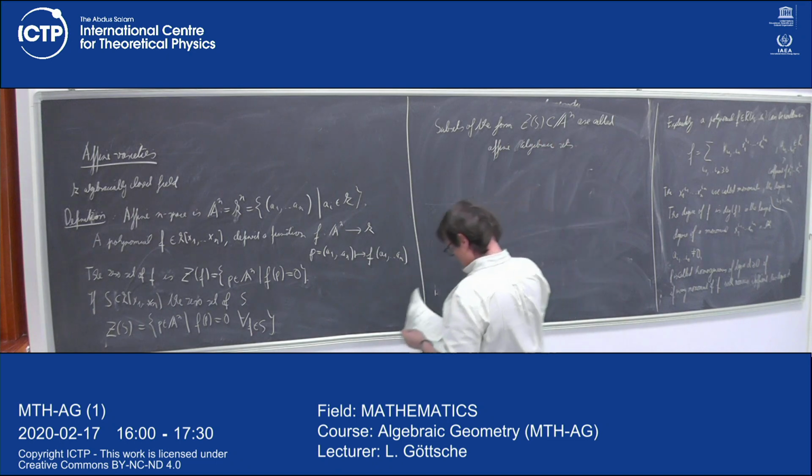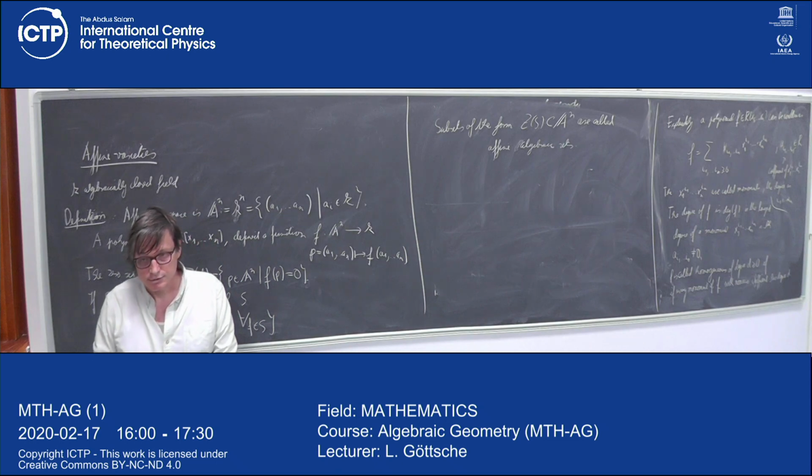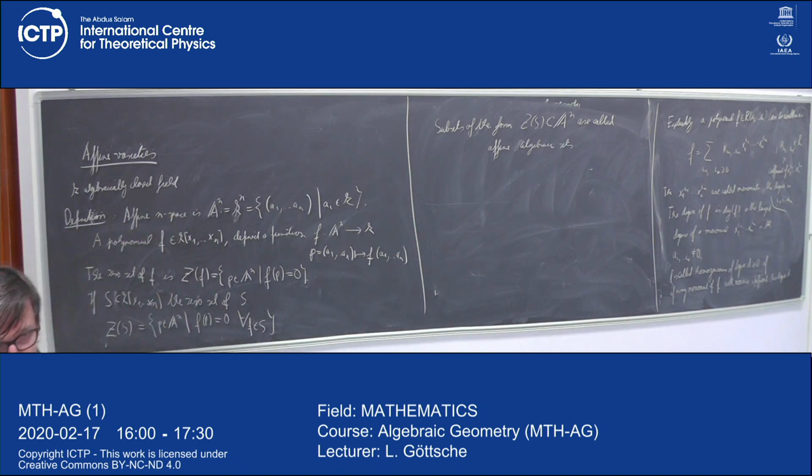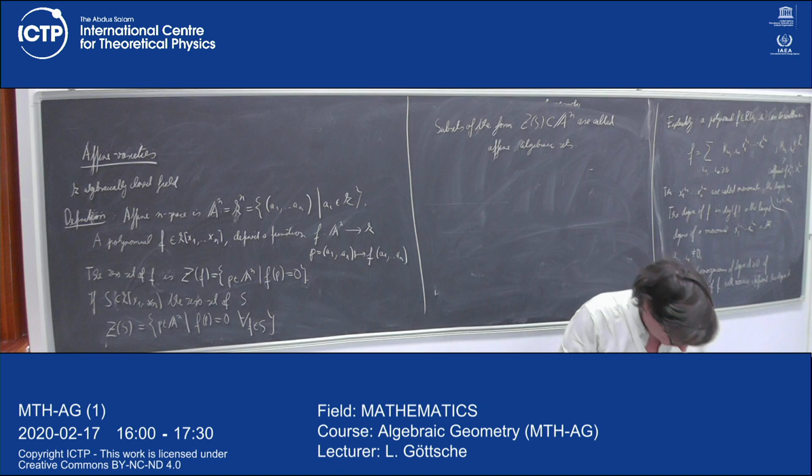So for a moment we want to study affine algebraic sets. What? The S is not assumed to be finite? No. At the moment it's not assumed to be finite. Later we'll see that we can assume it to be finite. And then we get the same result. But that's a non-trivial algebraic statement. It's just any subset.